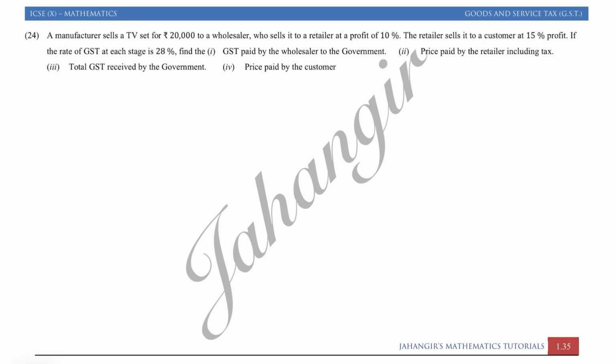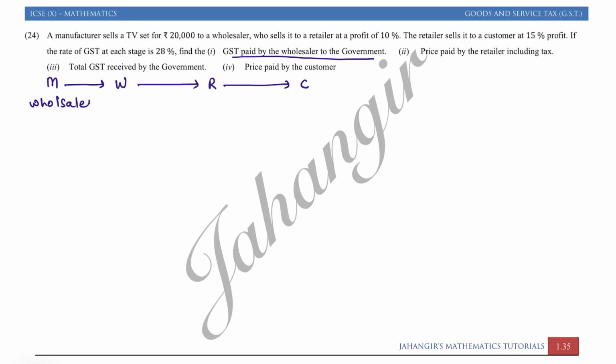So first let us write chain. Manufacturer had sold it to wholesaler, wholesaler had sold it to retailer, retailer had sold it to customer. So first we want GST paid by the wholesaler. तो wholesaler को ले लेते हैं.